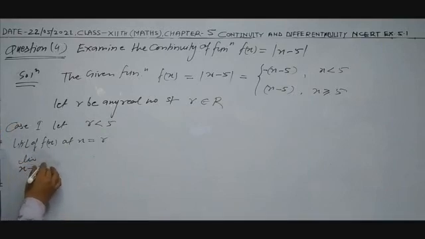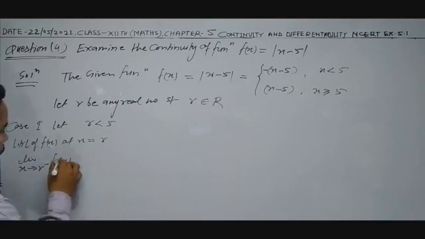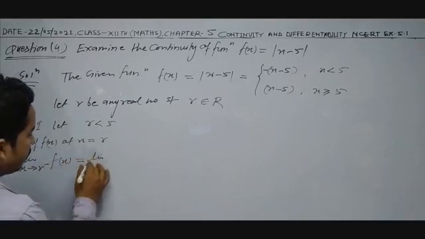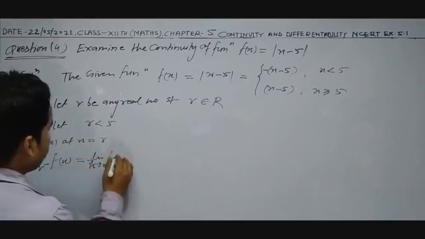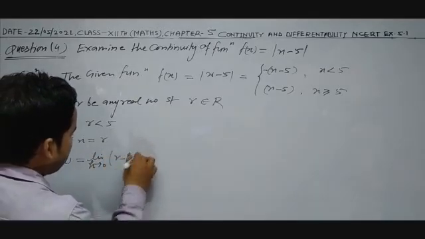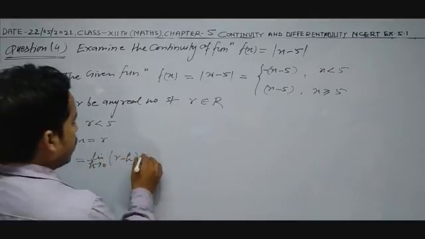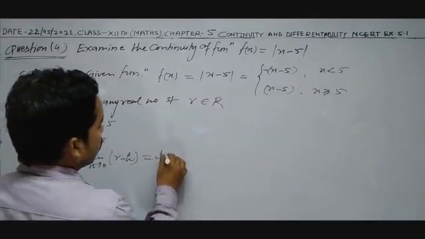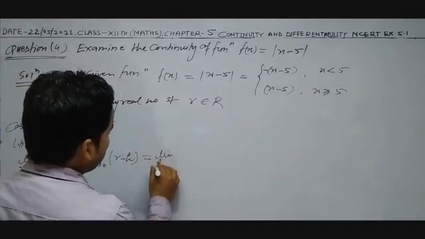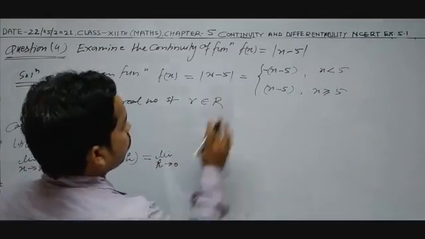x tends to r minus of f(x) will be equal to limit h tends to 0 of f(r minus h).